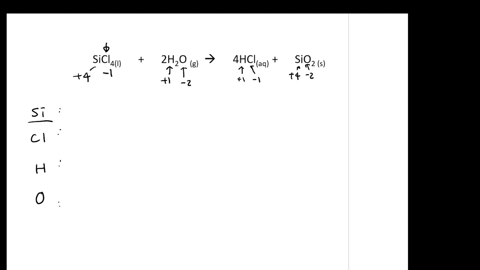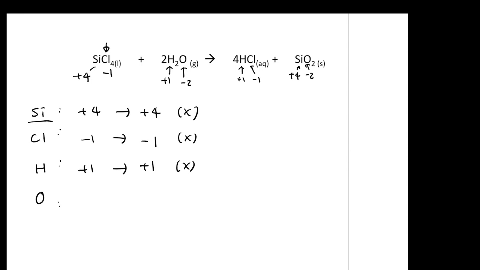Let's start from silicon. Before the reaction it is +4, and after the reaction, still +4. So it's not your LORA or your GROC. How about Cl? Cl goes from -1 to still -1, so it's not. How about H? +1 to still +1.